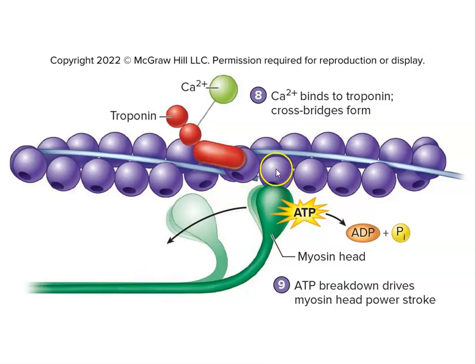Because myosin is attached to actin, actin of the thin filament also moves towards the M line, pulling Z disc closer to Z disc. Right, so this is our M line in the middle, Z disc, zigzaggy, so it's easy to tell apart.